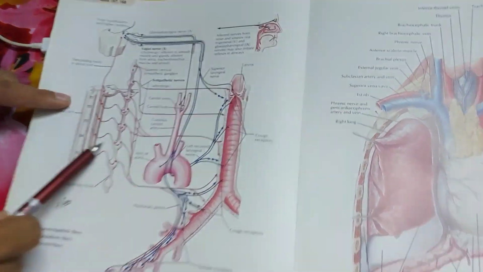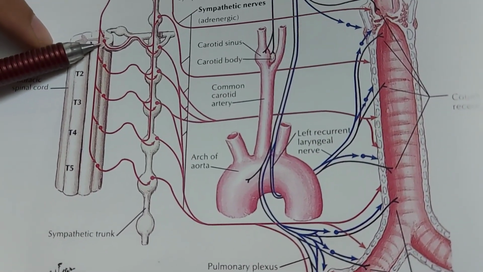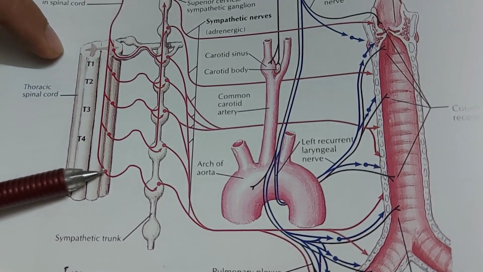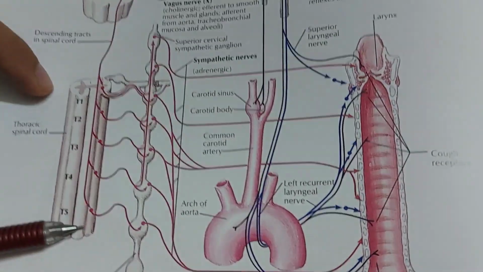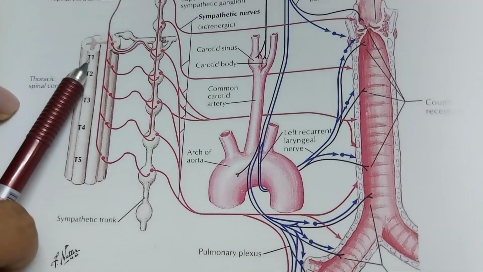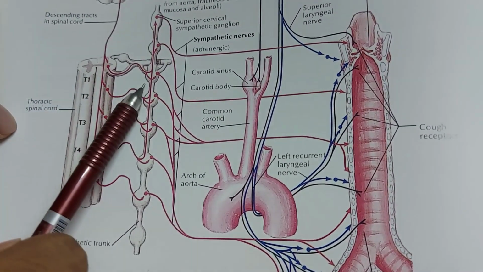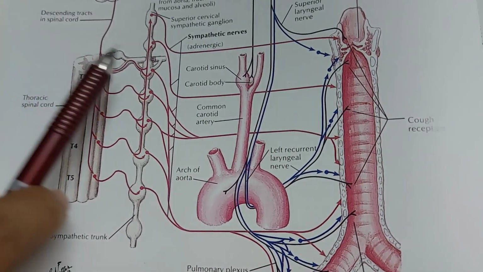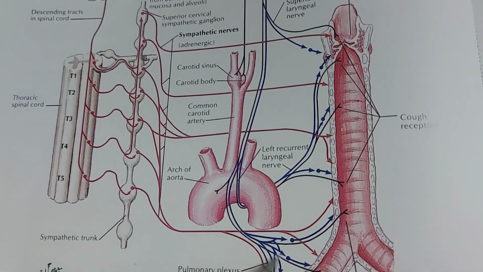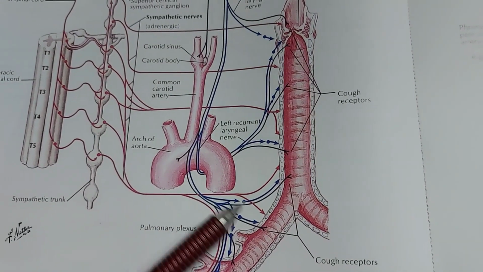In the thoracolumbar outflow, from the thoracic 1 to thoracic 5 segments of the spinal cord, from the lateral horn of that spinal cord, the sympathetic nerve fibers come out, and they form the pulmonary plexus, the anterior plexus and posterior plexus.